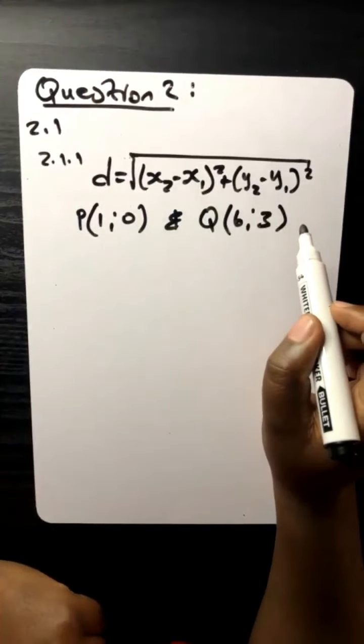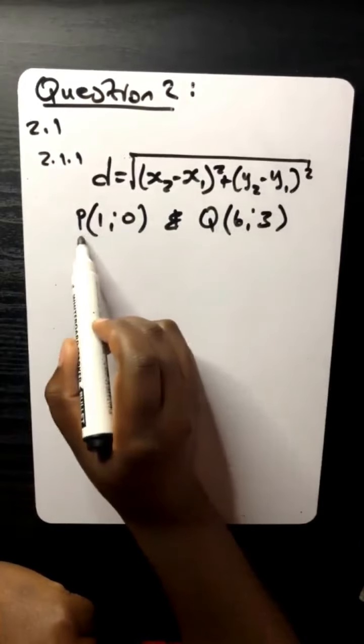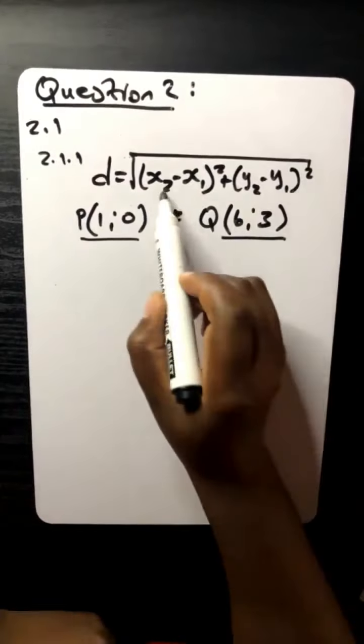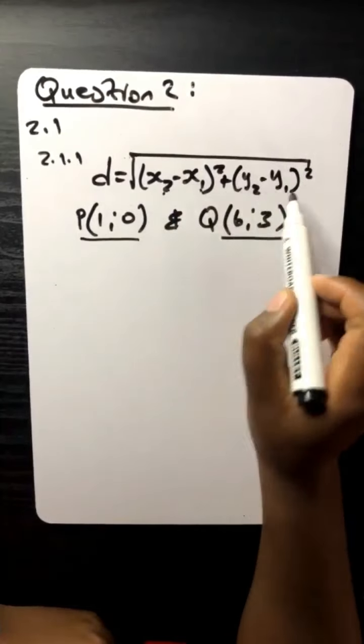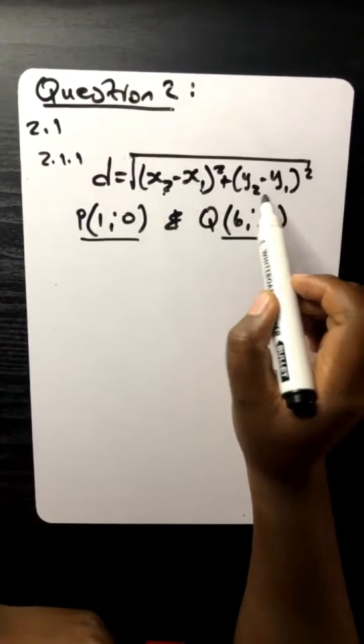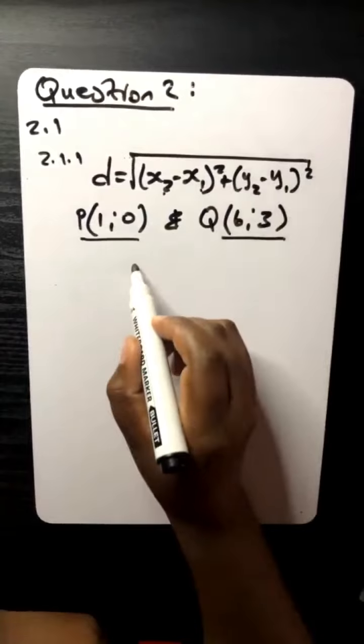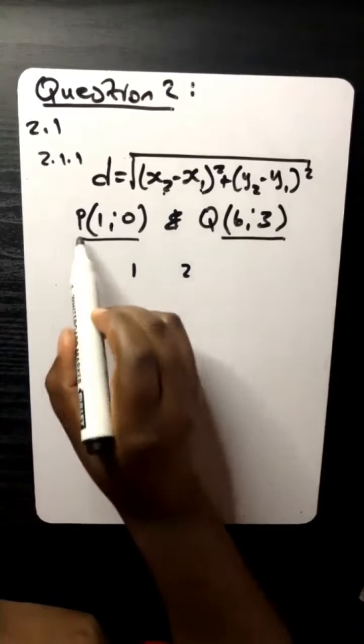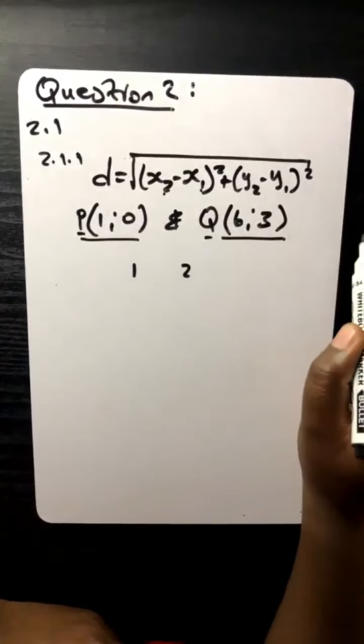And I said, between these two coordinates, you need to decide which ones are your x2, y2, and which ones are your x1, y1. So between 1 and 2, which one comes first? 1 comes first, 2 comes second. Between P and Q, which one comes first?